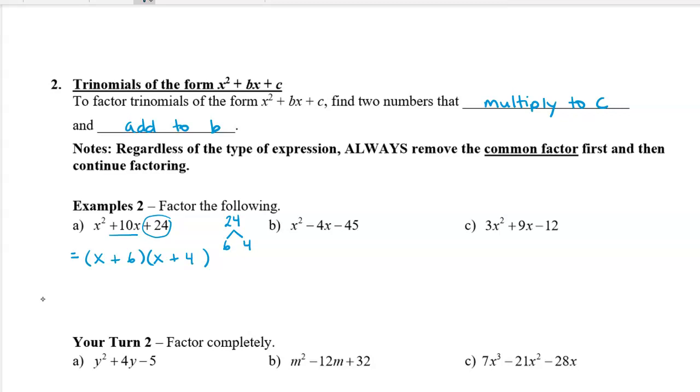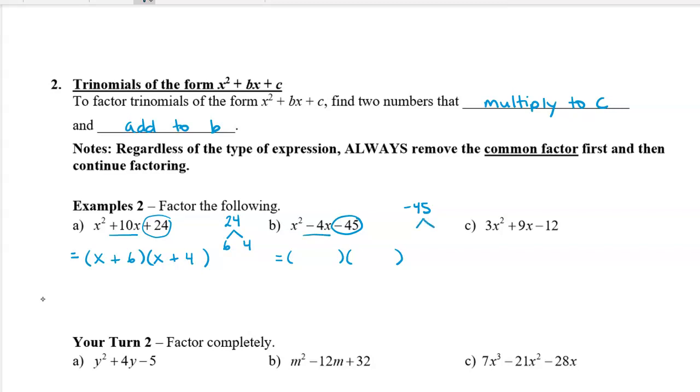All right, let's try another one. Here again, we have a trinomial. There's no greatest common factor, so we're going to go straight to factoring this as two binomials. We want to find two numbers that multiply to our c, which is negative 45, and add to negative 4.